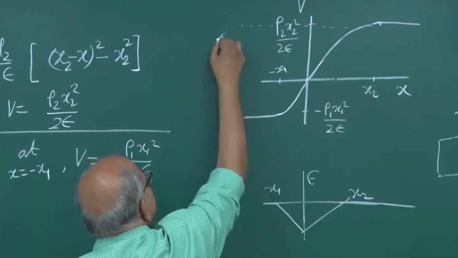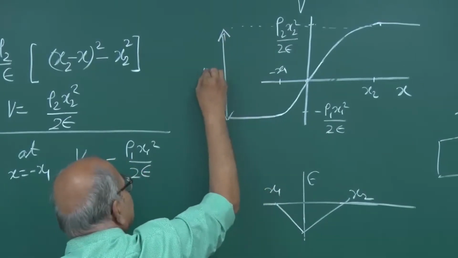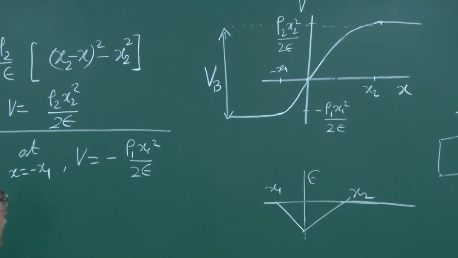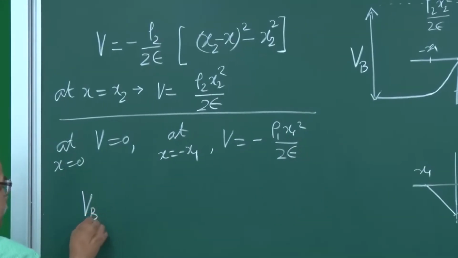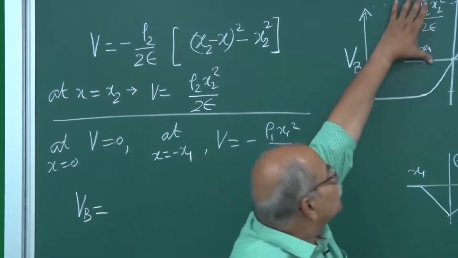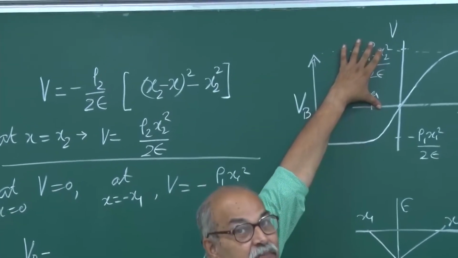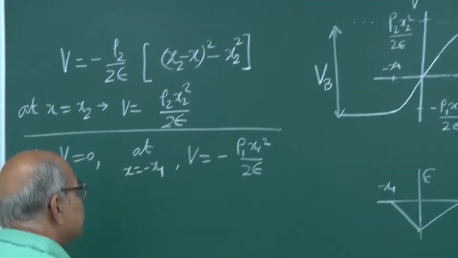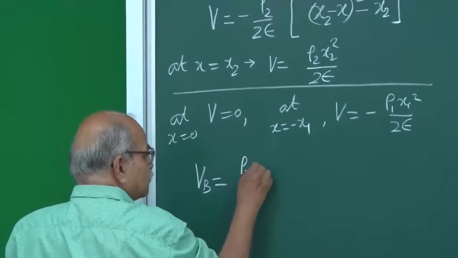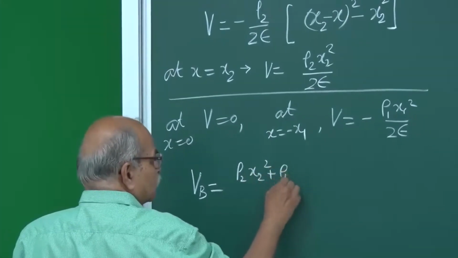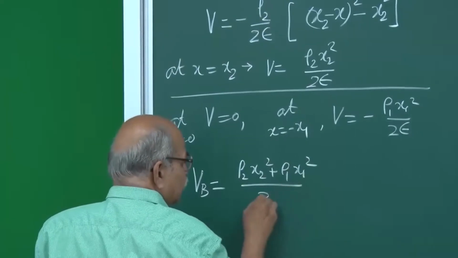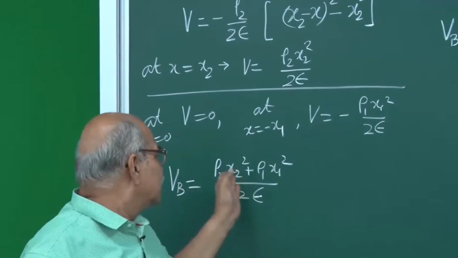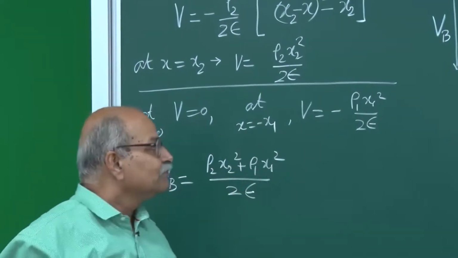You give some name to it, let's say call it VB. So how much is that VB? That VB will be this rho 2 x2 square by 2 epsilon plus this rho 1 x1 square by 2 epsilon. So VB will be rho 2 x2 square plus rho 1 x1 square over 2 epsilon. That's the barrier. It is in terms of rho 1, rho 2, x1, x2.